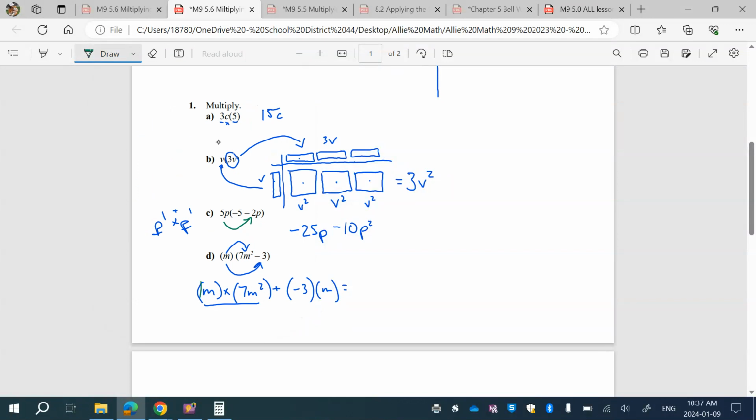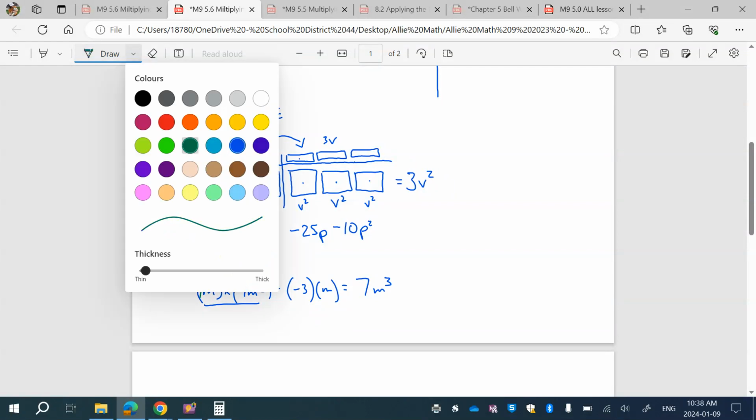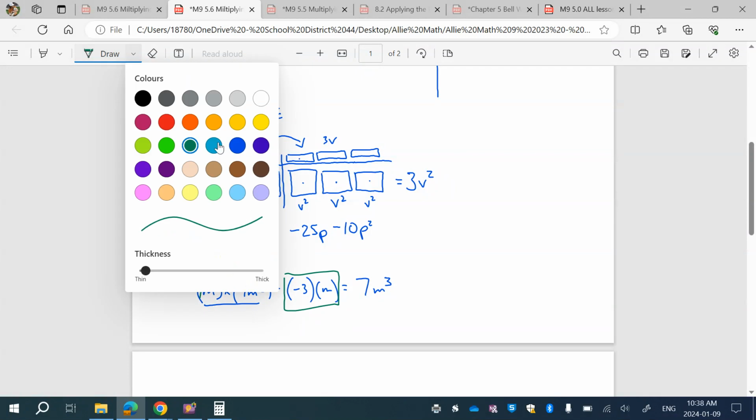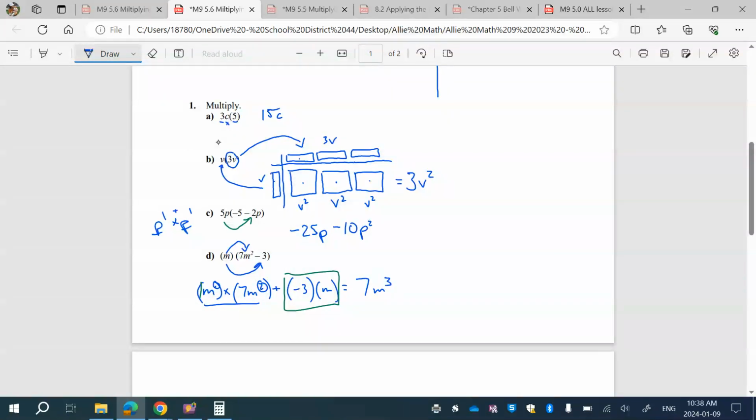So 1 times 7 is just going to be 7. And now this m to the power of 1, we need to add to the power of 2. So 1 plus 2 is going to be m cubed. Now let's deal with this part right here. We got a negative 3 times m, and that is going to give us a negative 3m.